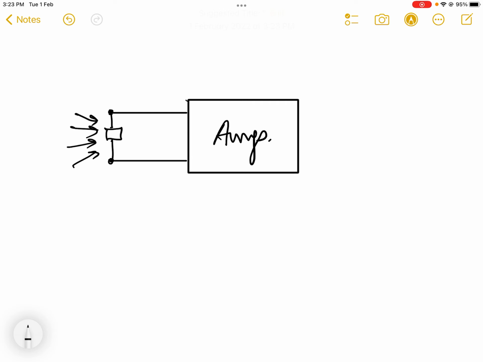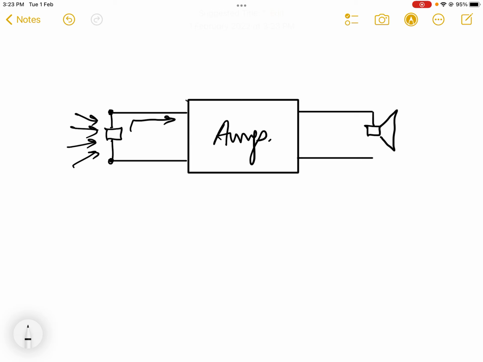As we know, a microphone is a transducer which converts sound energy into proportional electrical signals. So these electrical signals generated by the microphone will go into the amplifier input terminal, and the amplifier has two output terminals, and suppose across the output I connect one speaker.